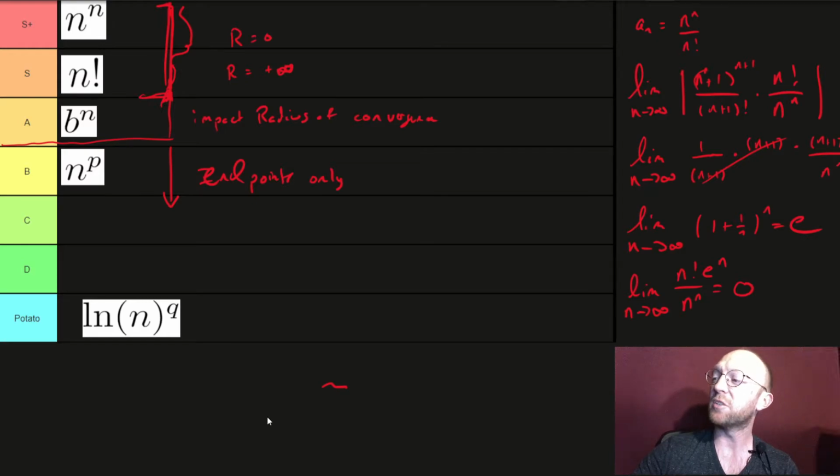Because if I use the ratio test on n to the n over n factorial, which is how we sort of see the growth of exponential functions, the growth of the geometric series, we're saying, oh, my rate is like e. So that ratio between those two terms is kind of like e when it gets large. So does that balance it out? No, it's too much. It's actually too big. That's going to go up to infinity.